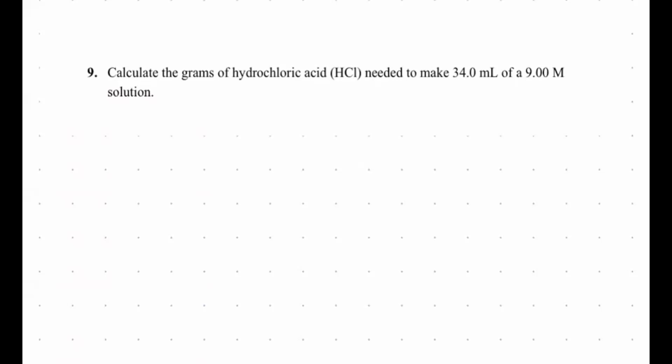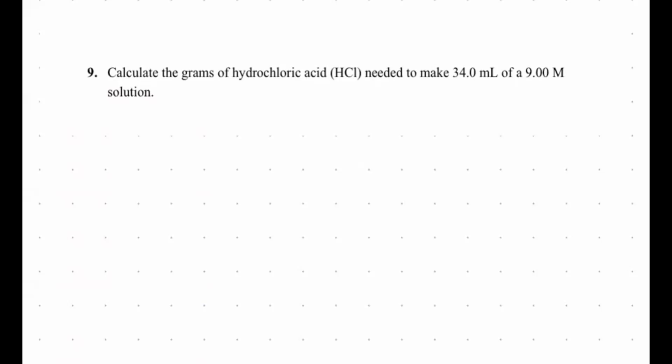But for the exam, I was careful not to put milliliters as volume, just because by the time you reach chapter 9, you've done a lot of calculations. So I think I was very careful, and I apologize if there's a question that you have to change milliliters to liters, but I don't think I did.